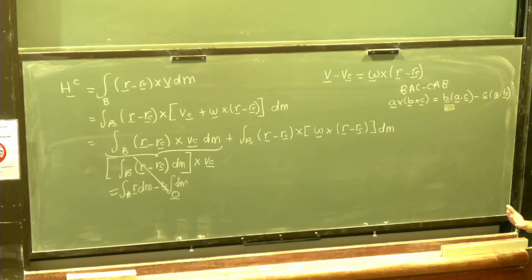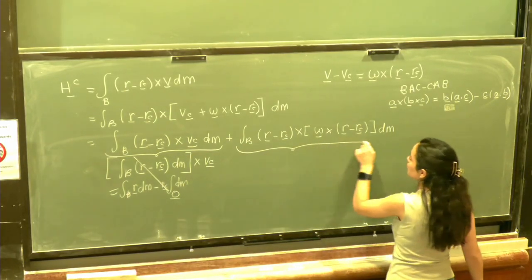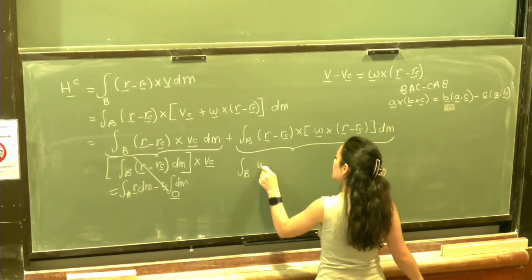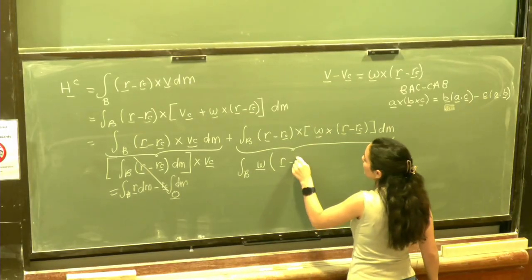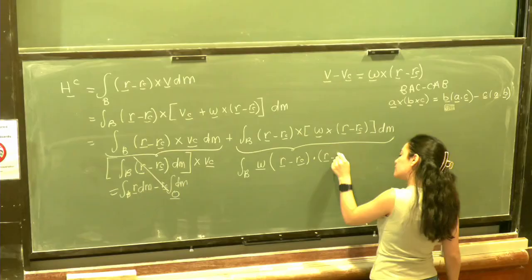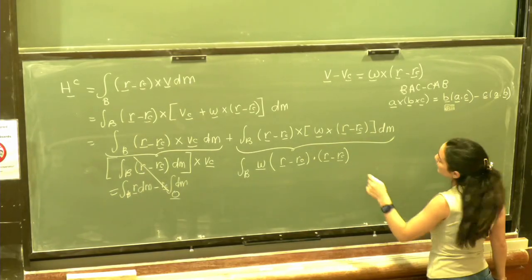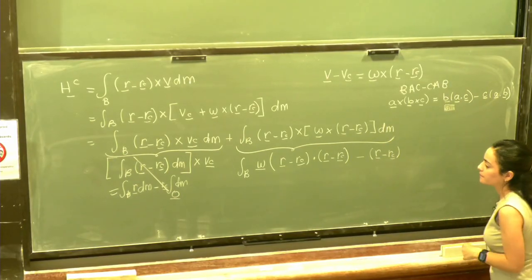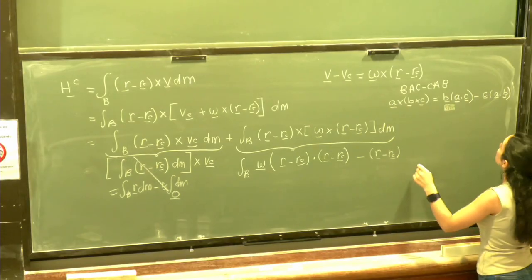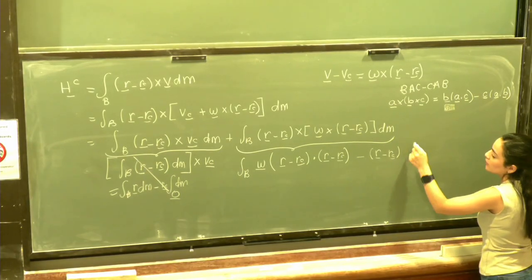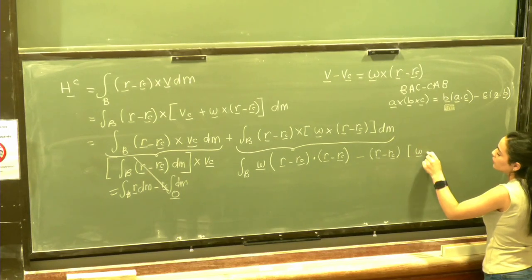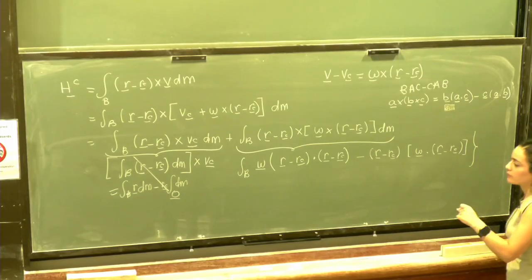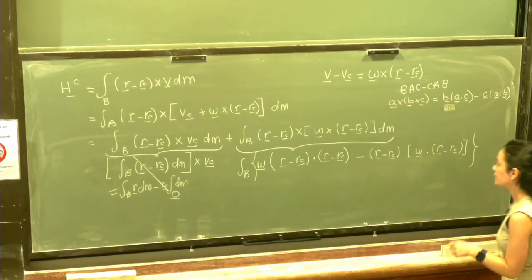Okay, so I want to apply it here. So I'm taking this integral over the body of r minus rc, so it's going to be omega cross r minus rc, cross, r minus rc, which is r minus rc, dot r minus rc, minus r minus rc times omega dot r minus rc, dm.